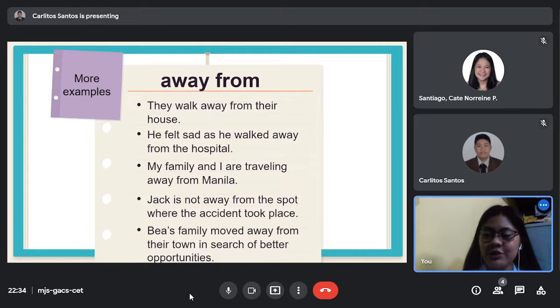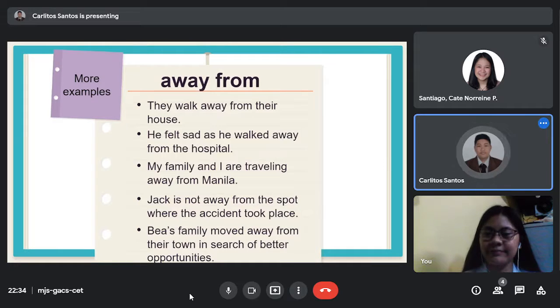Any volunteer to read what are the different examples of away from? Go ahead, Mr. Carlitos. They walk away from their house. He felt sad as he walked away from the hospital. My family and I are traveling away from Manila.